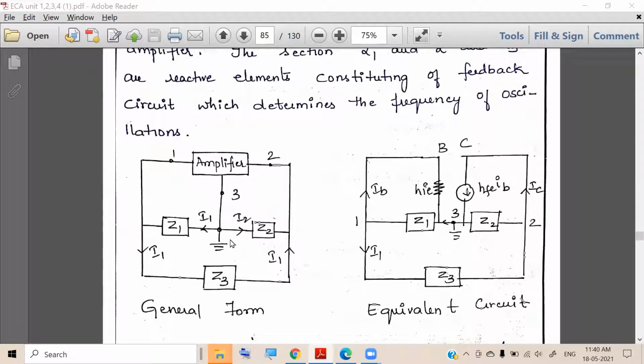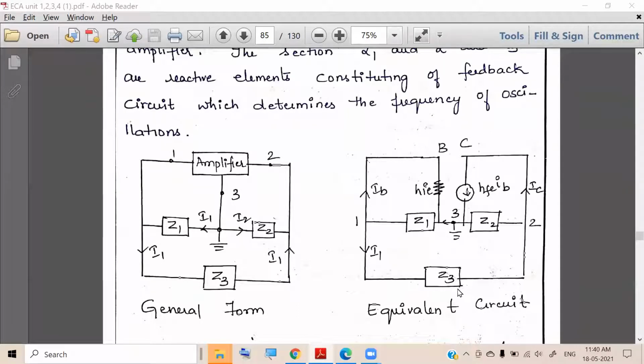We are simply replacing the amplifier with the approximate H parameter model of the BJT in common emitter configuration, remaining Z1, Z2, Z3 as is.